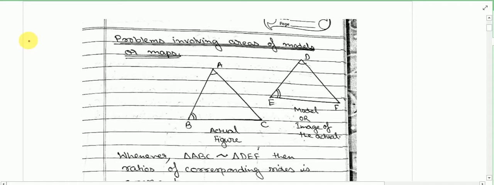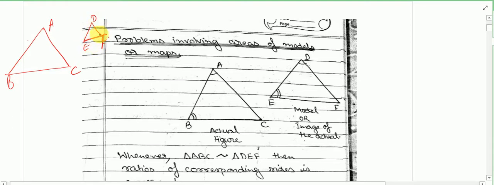So let's say this is the actual triangle ABC, or actual figure, and on a paper you draw its model, a small one, D, E, F. So you're drawing a model of this actual triangle ABC on a paper, DEF.